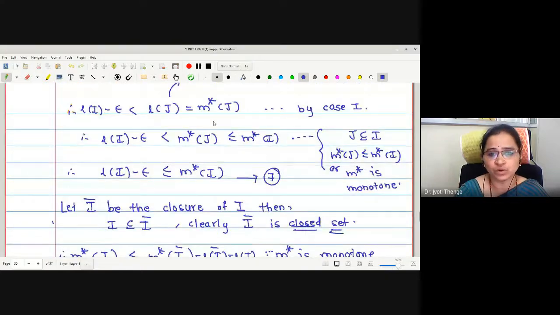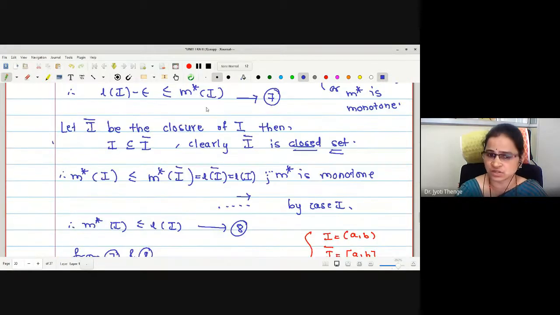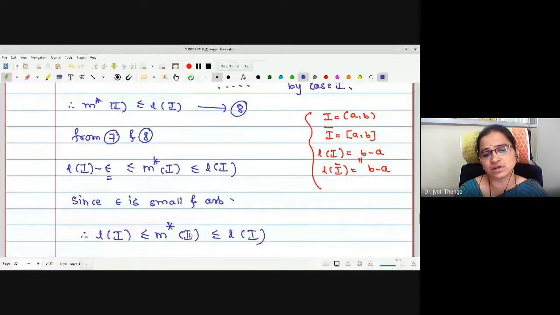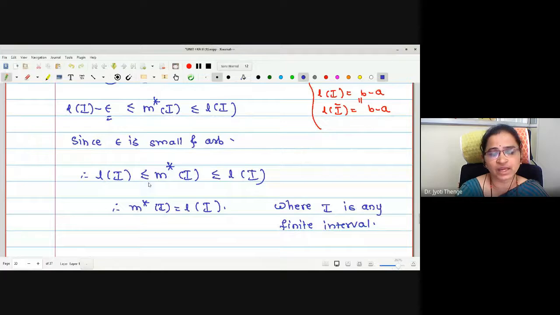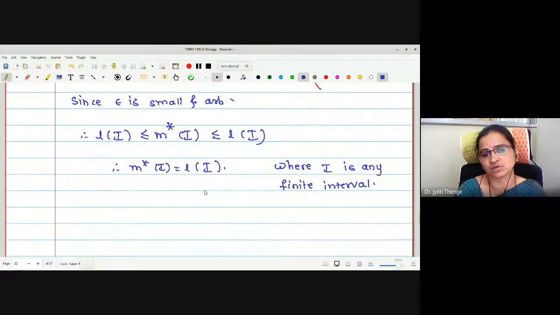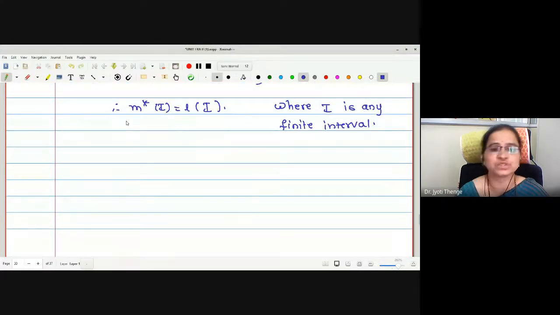Once the property holds, we have written L of J is nothing but the outer measure. Therefore, this finally gives us L of I minus epsilon is less than m star of I. And with this conclusion, m star of I is less than L of I. Combining both, and since epsilon is arbitrary, we can write L of I less than or equals to m star of I less than or equals to L of I, which proves that the outer measure is equal to the length of any finite interval.